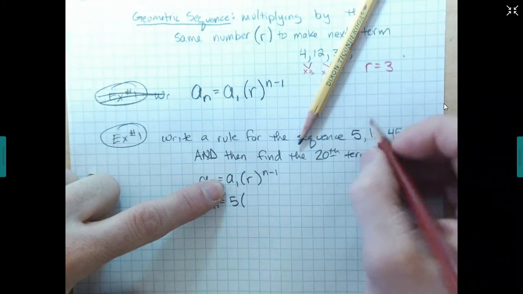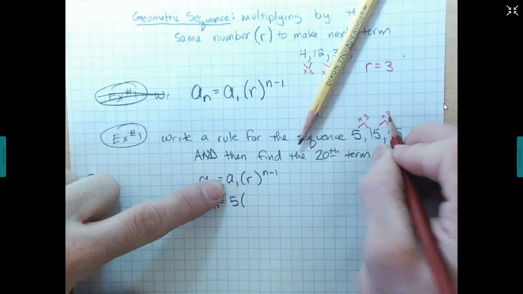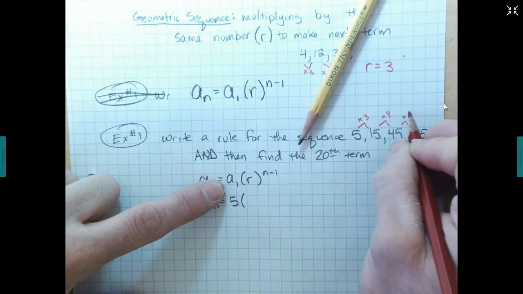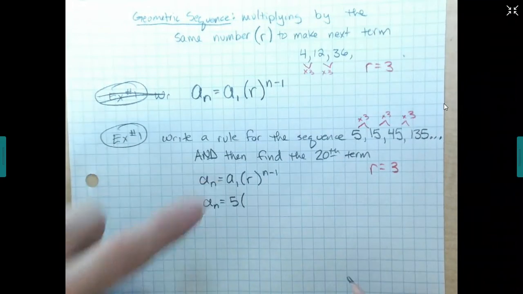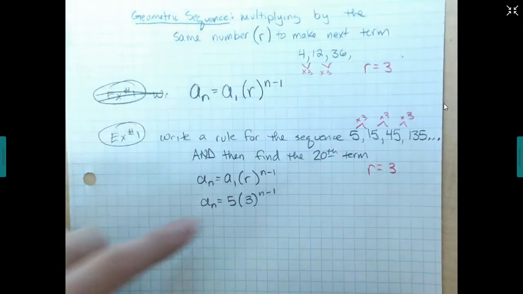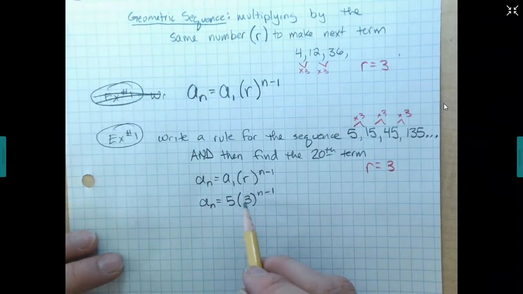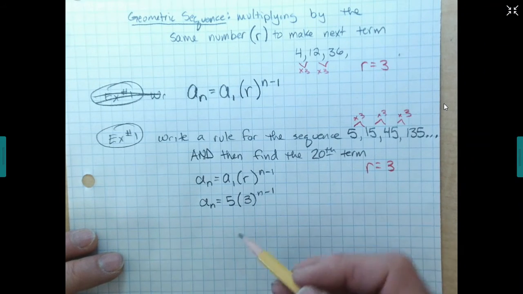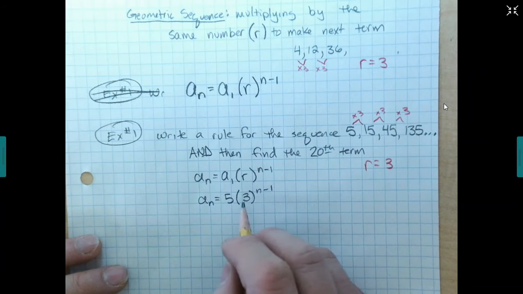From 5 to 15, that's times 3. 15 to 45, that's times 3. So our R equals 3, and then n minus 1. Don't combine these, because don't forget you do parentheses and exponents, then multiplication. So that's our formula right there.